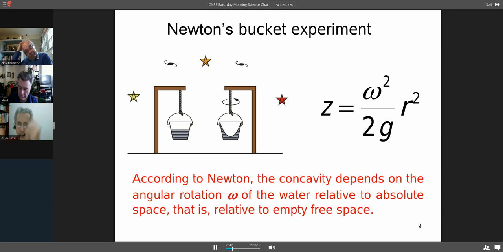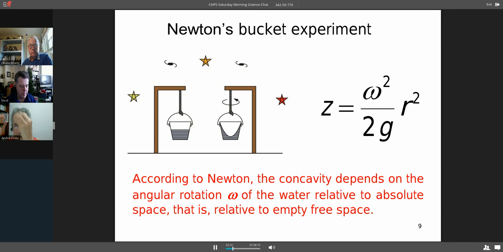And what about the stars and galaxies? Well, by Newton's theorem 30, all of them exert no force on a molecule of water when the water is at rest. And they will also not exert any force on the water when the water is spinning relative to the ground, because his law of gravitation does not depend on velocity and acceleration.